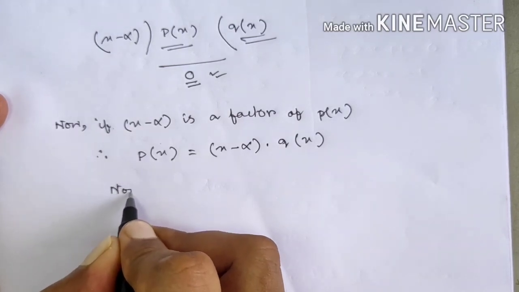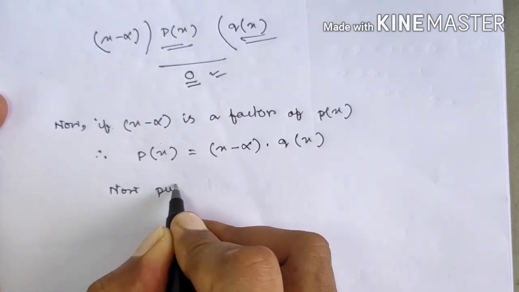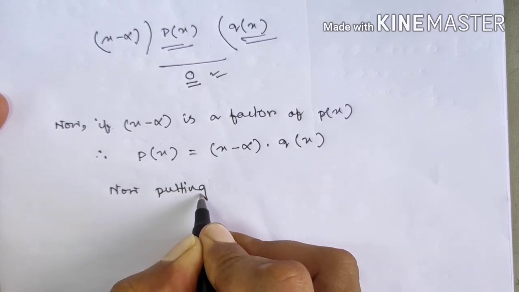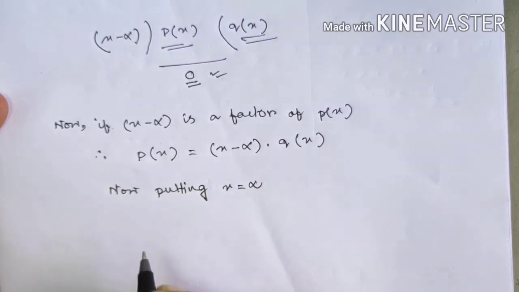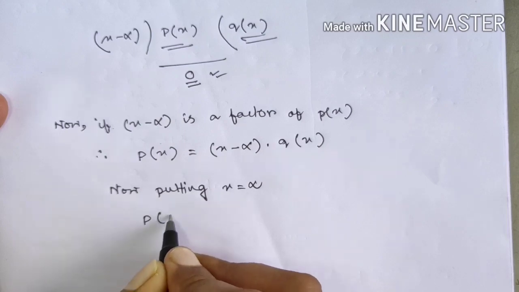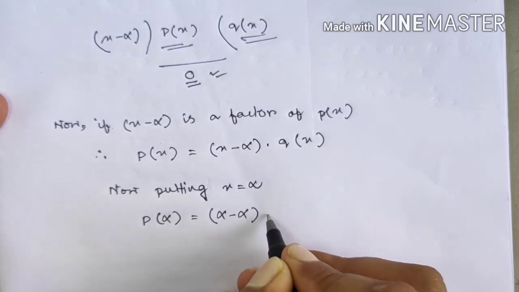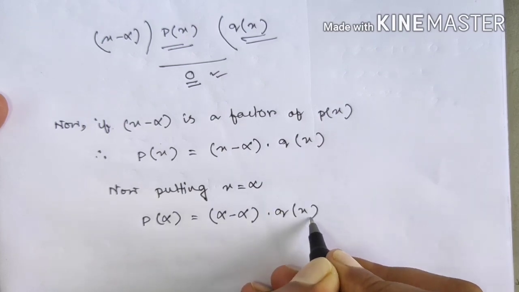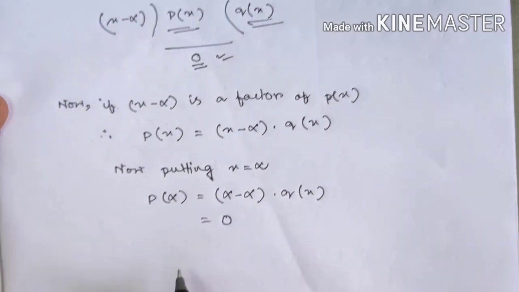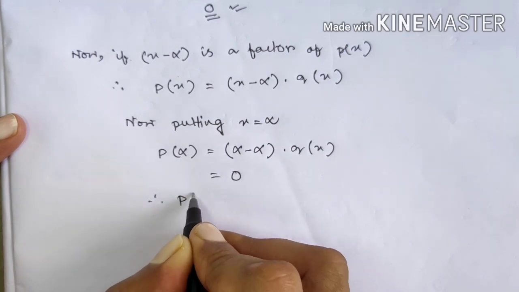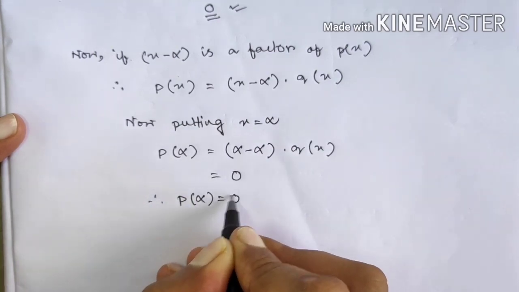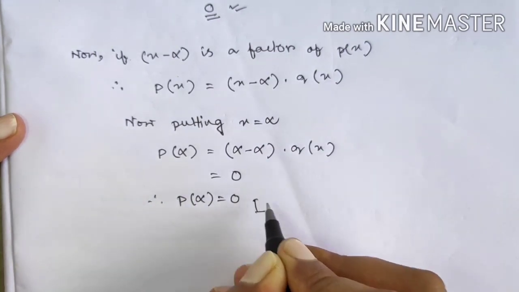Now putting the value of x equal to alpha in the above equation, we get p of alpha equal to alpha minus alpha into q of x, which implies 0. Therefore p of alpha equal to 0. Hence proved.